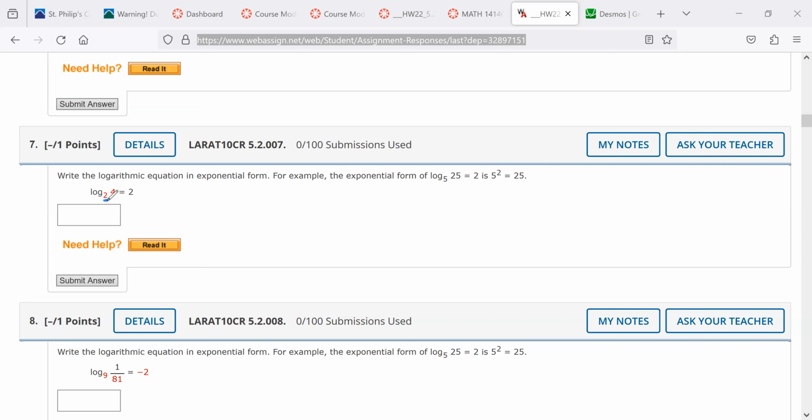So it's going to be same as this, right? Let me think here, 2 to the 2 is equal to 4.